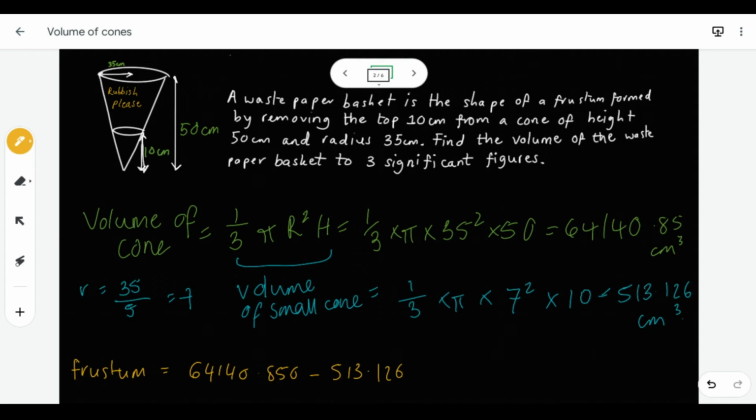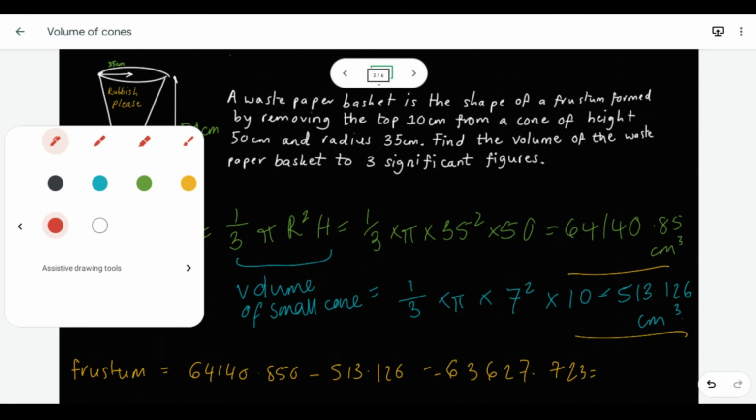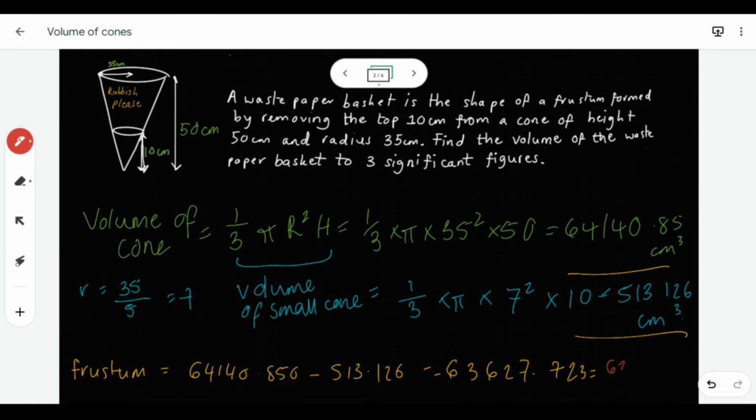So this, the whole cone, take away this, and we should get a value of 63,627.723, the final value of 63,600 centimeters cubed to 3 significant figures. Remember to put that as your final format because it's asked for that in the question.